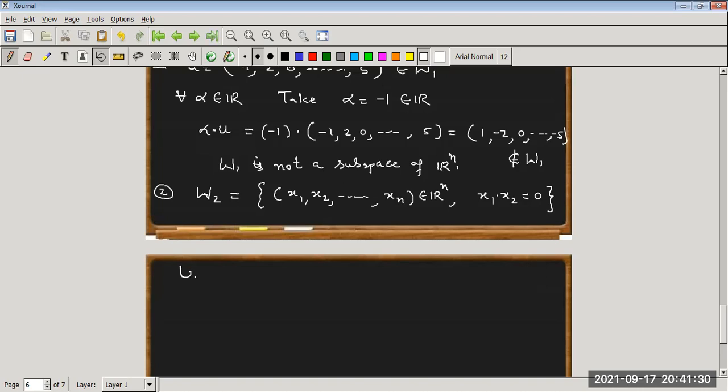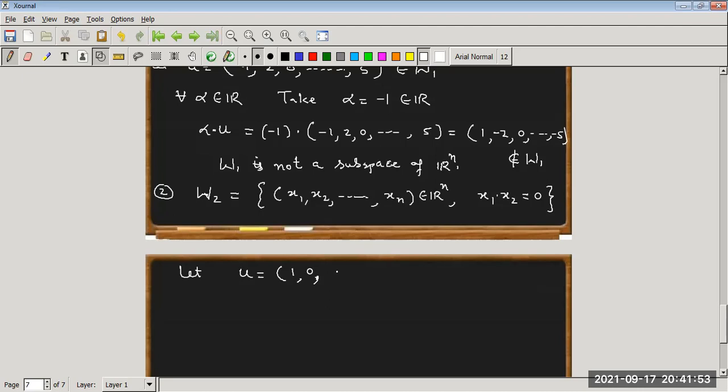So let u be equal to (u1, 0, ...). In the first and second entries there is a restriction that the product must be 0. So at least one of them must be 0. Both may be 0, but at least one of them must be 0.